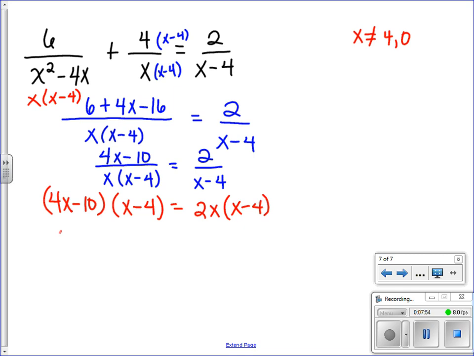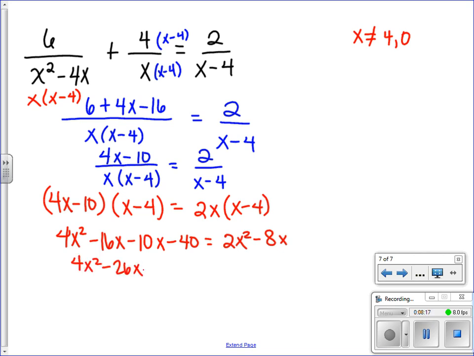So this is going to be 4x squared minus 16x minus 10x minus 40 equals 2x squared minus 8x, so 4x squared minus 26x.